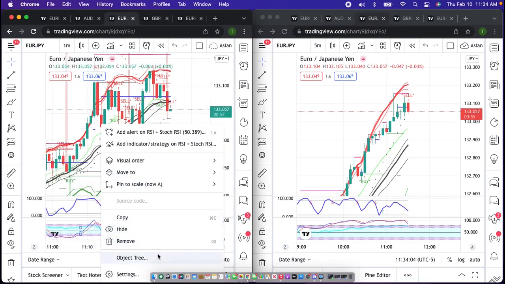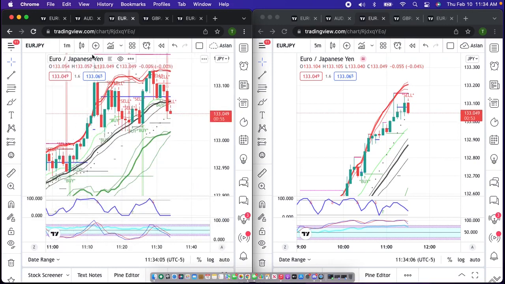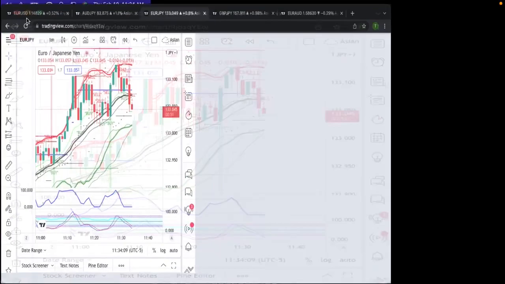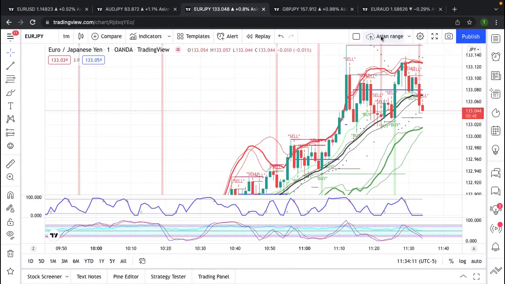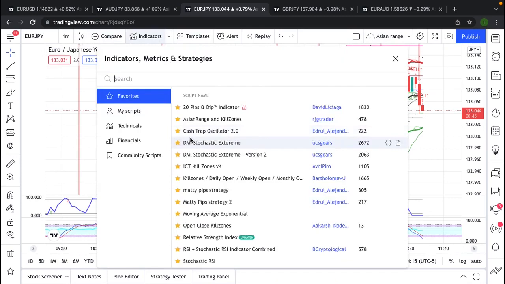Trying to find where you can see exactly what indicators I have here. Let me maximize the screen real quick. So this is a review. I have the main window here. I have Matty Pips Strategy 2 by Edrul Alejandro, whatever it is.